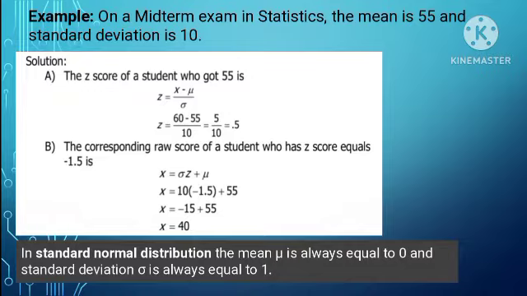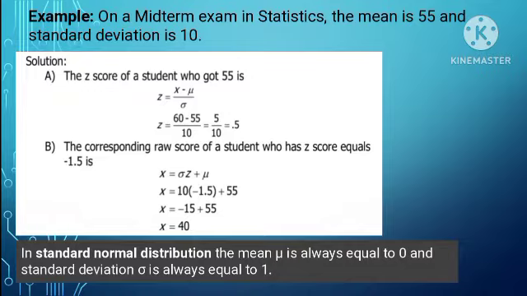Find the corresponding raw score of a student who has a z-score equal to negative 1.5. To find it, the value of any measurement is equal to the standard deviation of the distribution multiplied by the z-score plus the mean of the distribution. The value is equal to 10 times negative 1.5 plus 55.